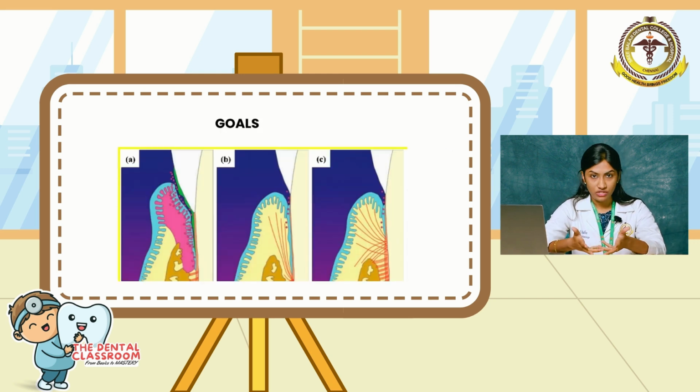So how can you achieve this goal? What is the goal of periodontal regeneration when you use a regenerative therapy? The goal is to reconstruct the complete periodontium in the form of well organized periodontal ligament fibers, attached between the newly formed bone and newly formed cementum.